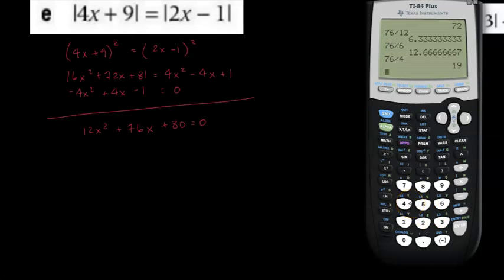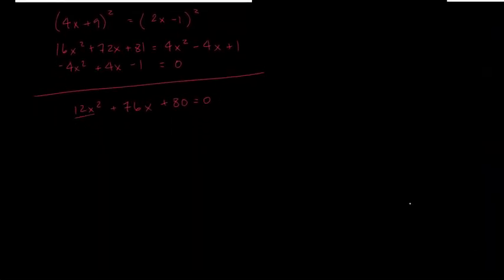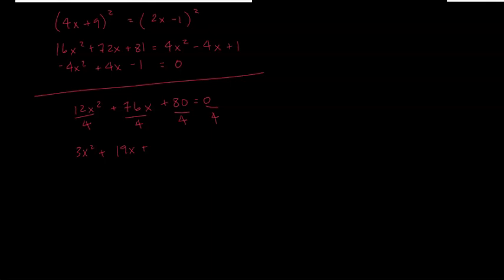Yeah, it is. Okay, so these are all divisible by 4. So that would be 3x squared plus 19x plus 20 equals 0.